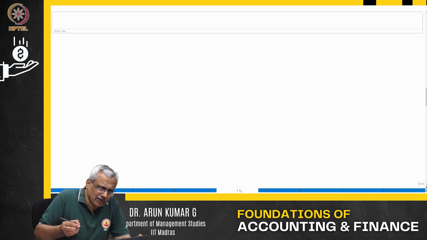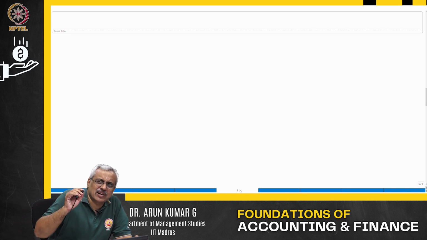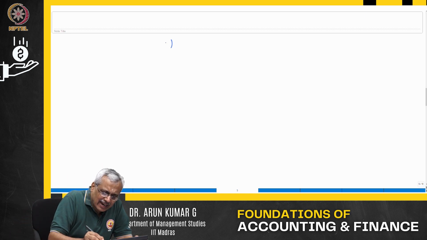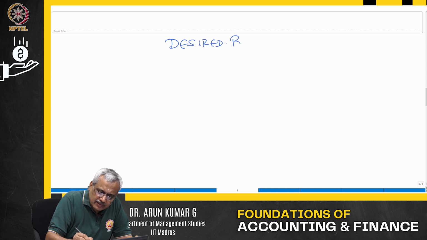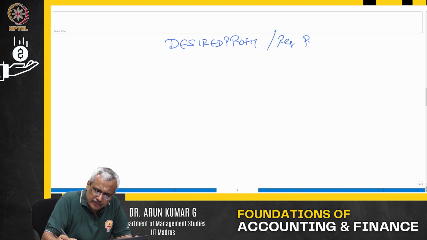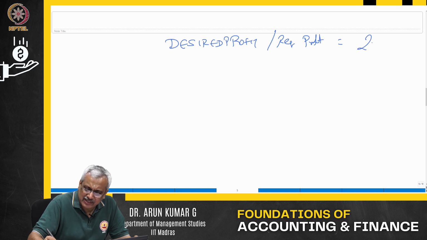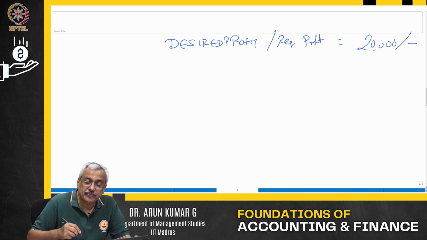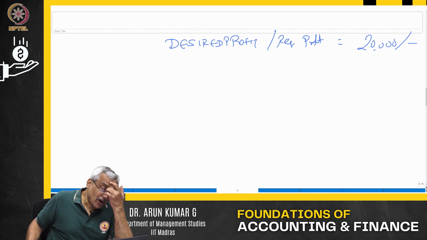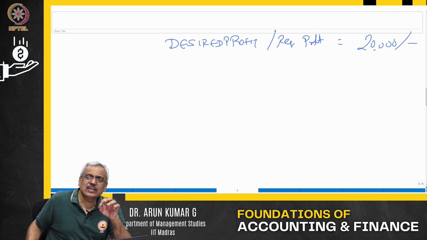Supposing my company is operating and wants a desired or required profit of, let us say, 20,000 rupees. I need to know how many units I need to manufacture to earn this 20,000 rupees profit.